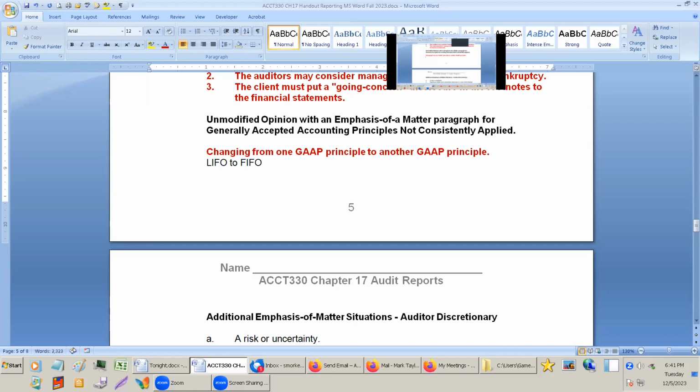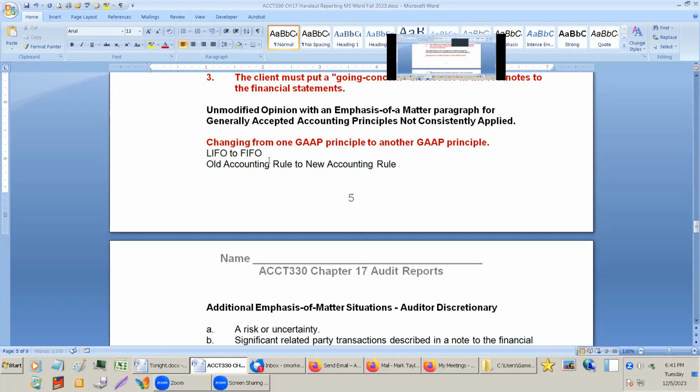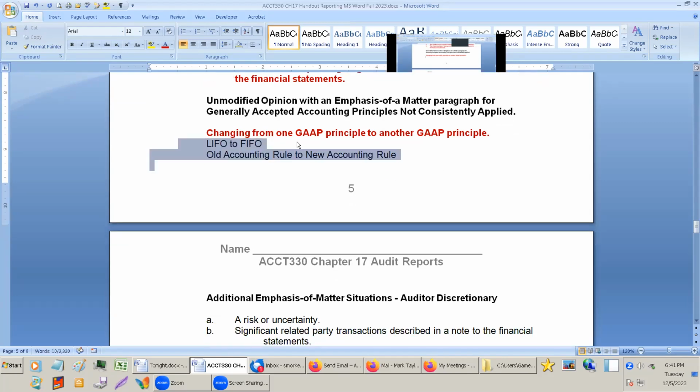It could also be an old rule, or a new accounting rule comes out, while the old one, I assume, was different, or else it would be called a new rule.